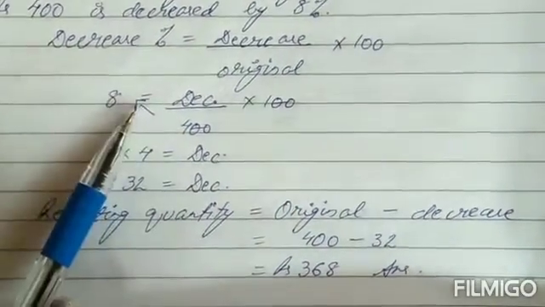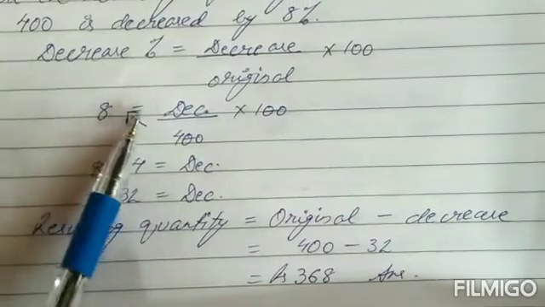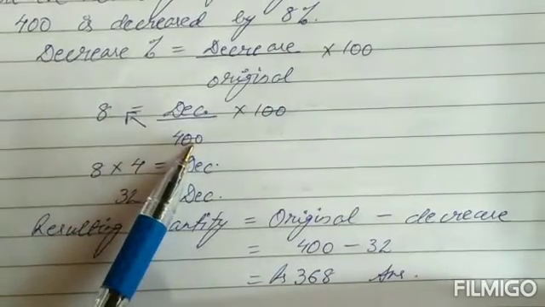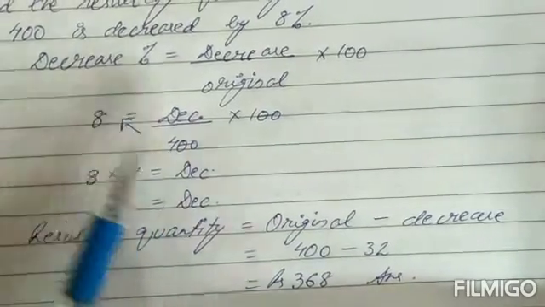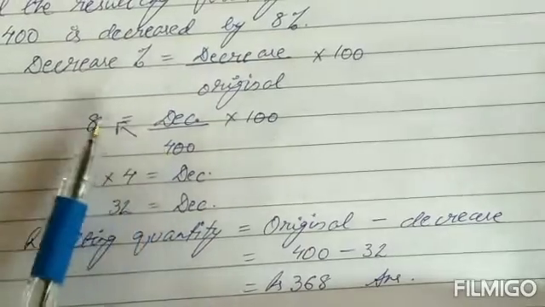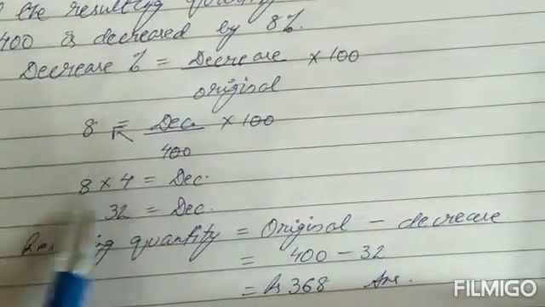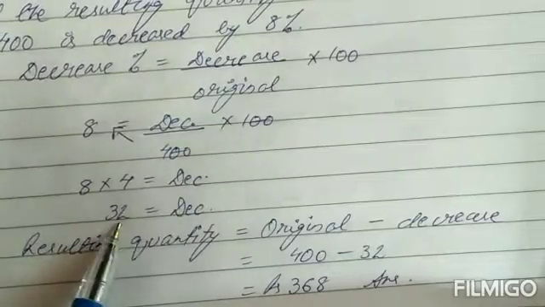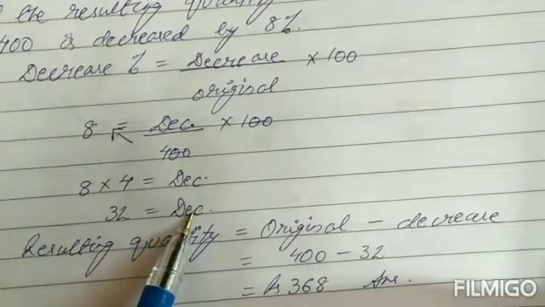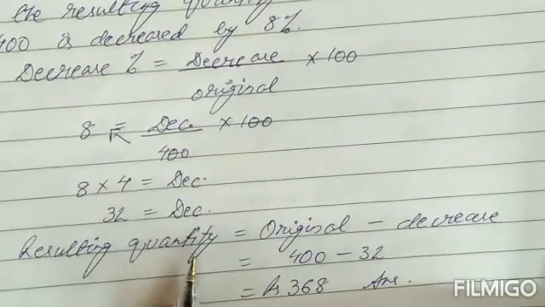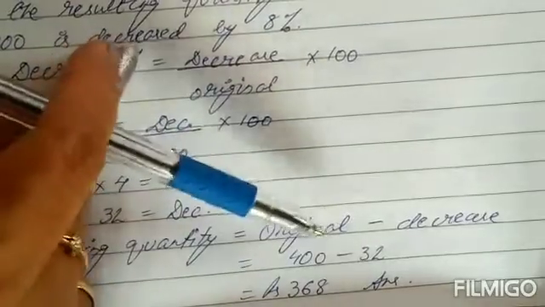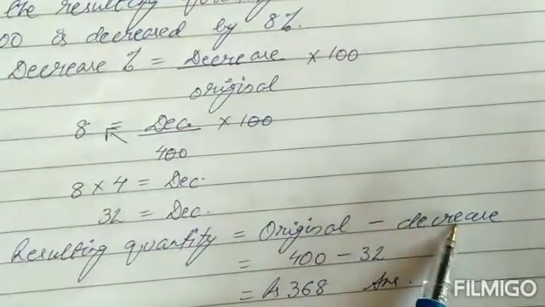Now I told you earlier also, when you take a number which is on one side of the equal sign and it is in division, it will go to the other side in multiplication. So 8 into 4 will give us the decrease, that is 32 is the decrease. Now in order to calculate the resulting quantity from the original, children, we are going to subtract the decrease.